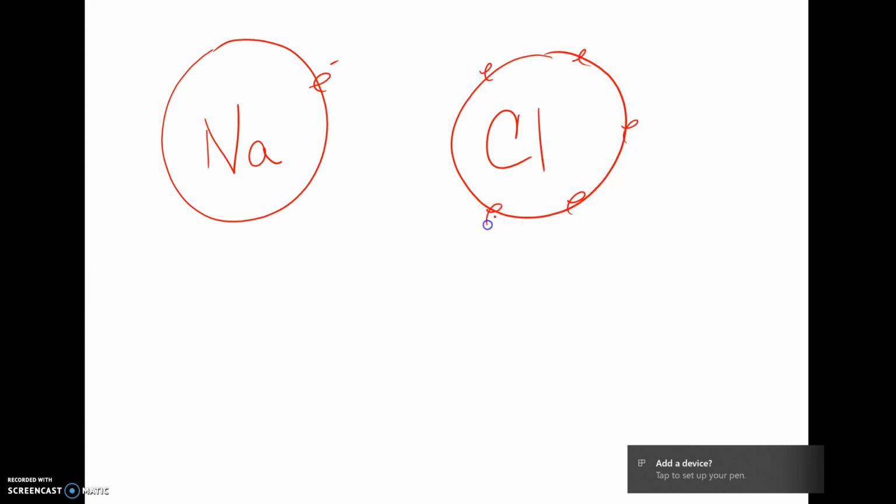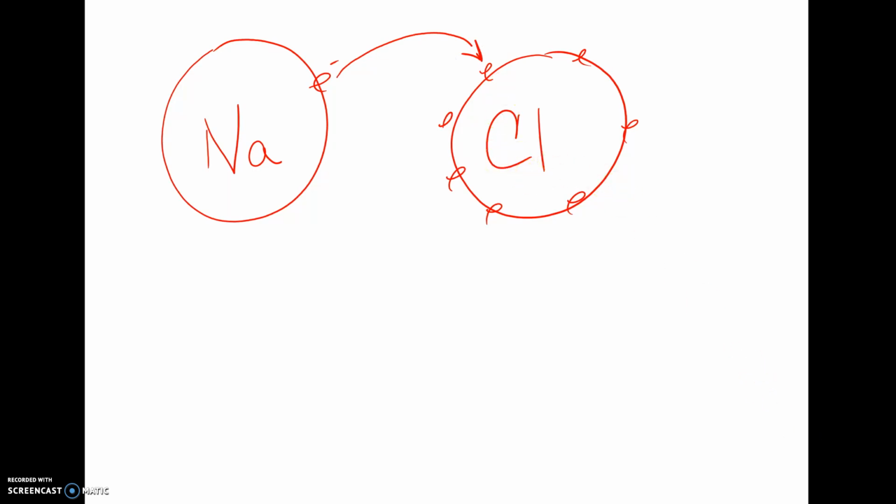Let's just draw those in quickly. 5, 6, 7. And we know that they all want 8. And so chlorine was able to steal an electron from sodium. And in that case, sodium lost an electron, and chlorine gained an electron.